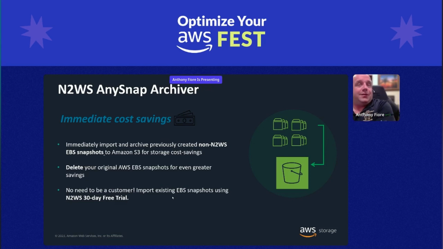If you ever had to restore that, you're going to need N2WS to take those pieces back from S3, put them back together, and create an EBS volume from it. But where I see a great use case for this is if you've got a lot of EC2 instances, or a lot of EBS volumes that no longer exist, and you've got these final snapshots that are just hanging around, and you're looking for a great way to deal with them.